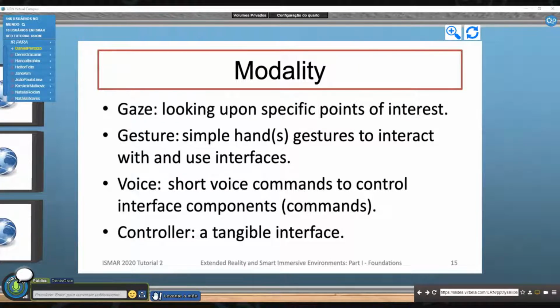And then we can always use a tangible interface, some kind of controller or other smart objects that we can manipulate either through just moving position of that object or by providing some special commands or just leveraging interface provided on that tangible object.